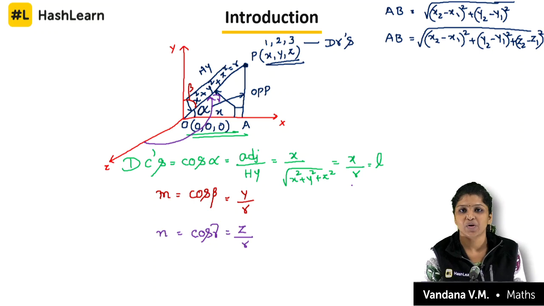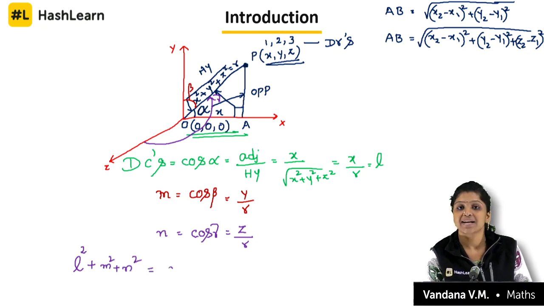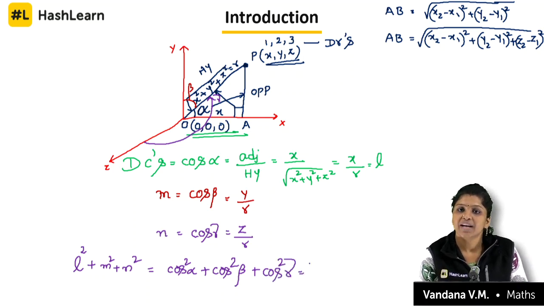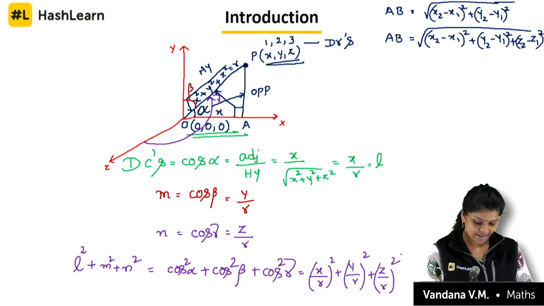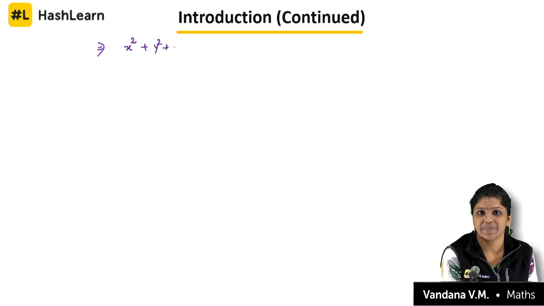Now you see the beauty of direction cosines. If you take L square plus M square plus N square, I can write this as cos square alpha plus cos square beta plus cos square gamma. Cos square alpha is what, children? x by r whole square plus y by r whole square plus z by r whole square, isn't it? This can be written as x square plus y square plus z square by r square. What is r, children?